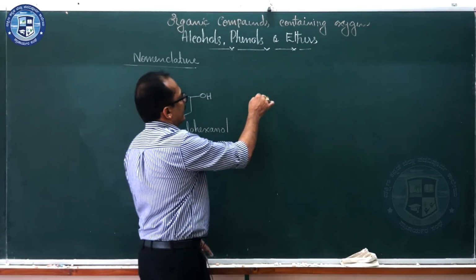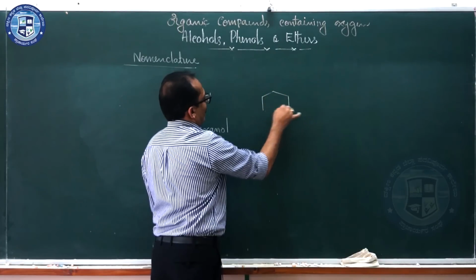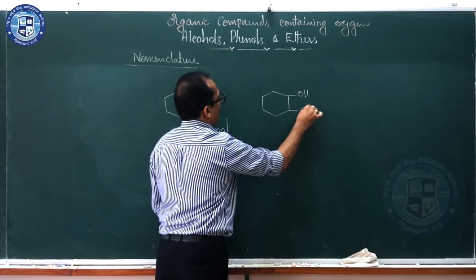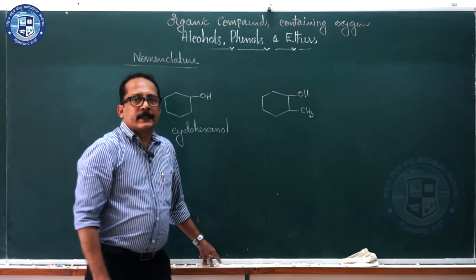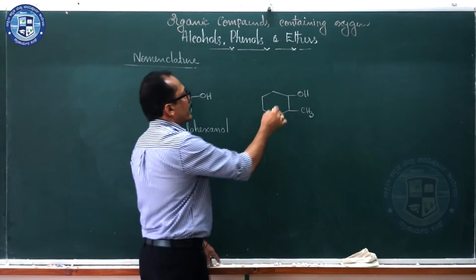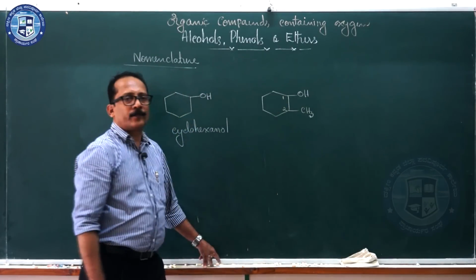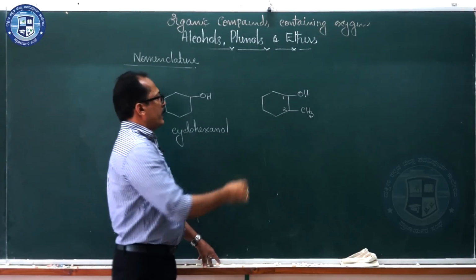If I write like this, the carbon containing the OH group is the first position, and this is second. What is the name for this?